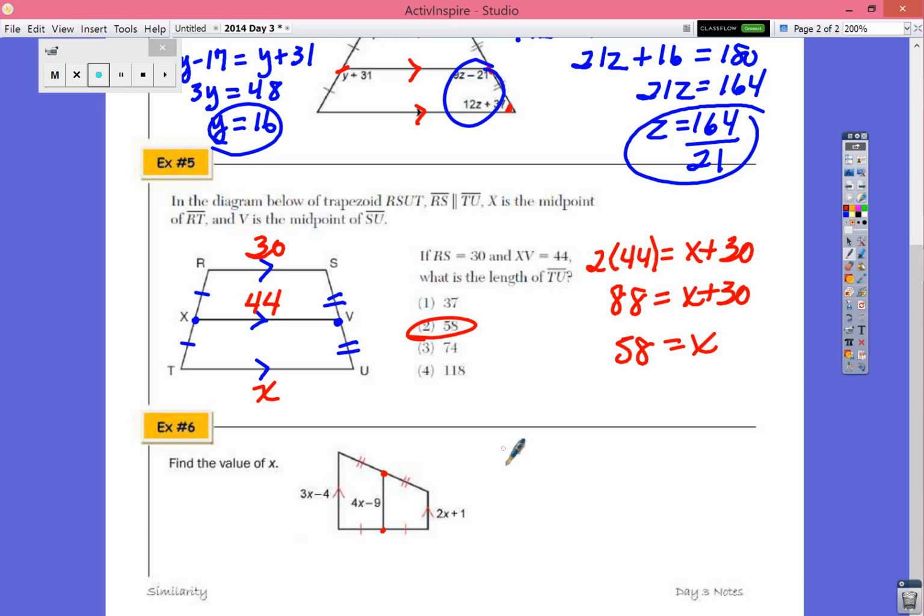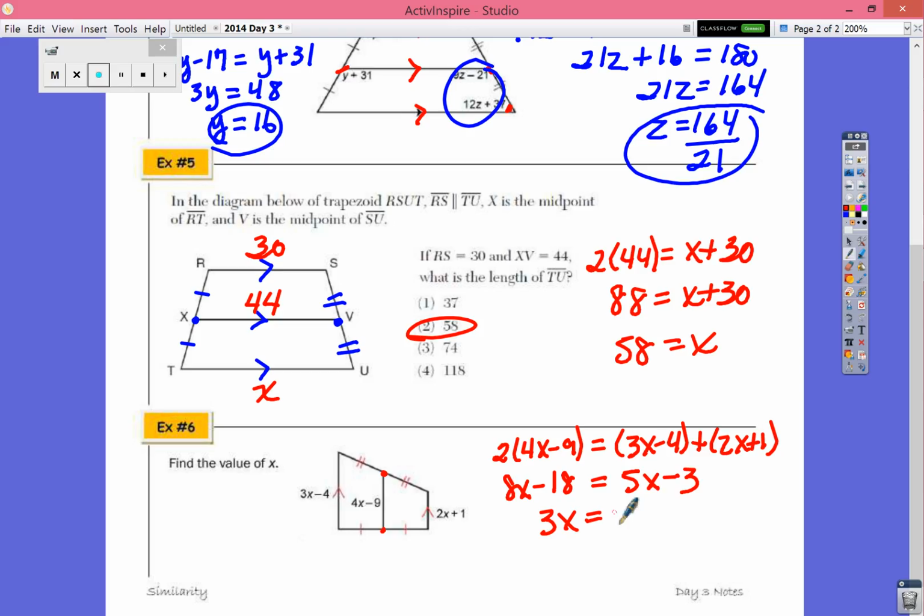So I'm going to again set it up as 2 times the median is equal to the sum of the bases. So 8x minus 18 is equivalent to 5x minus 3. Subtract the 5x, we end up with 3x. Add the 18, we end up with 15. Divide by 3, and x is 5.